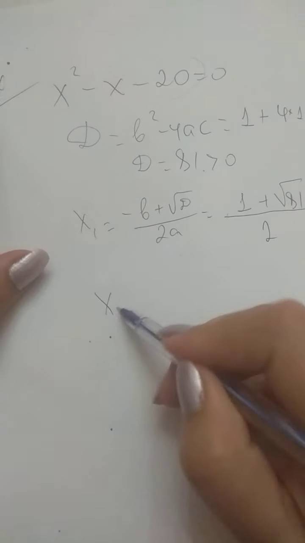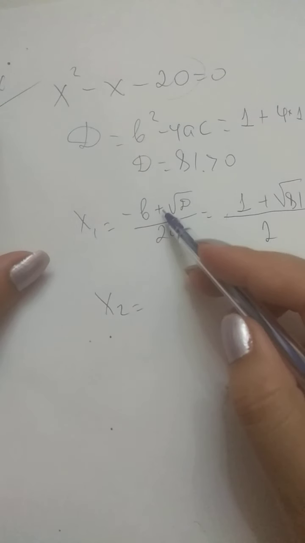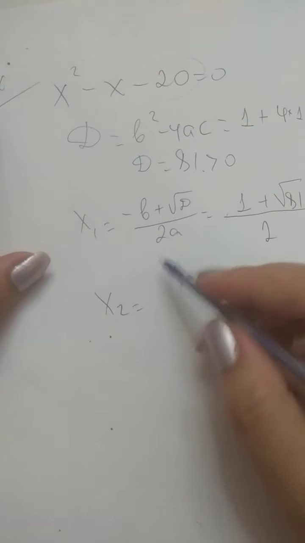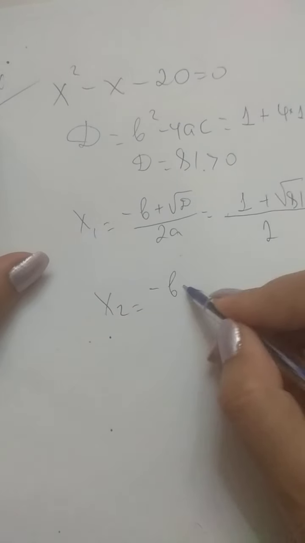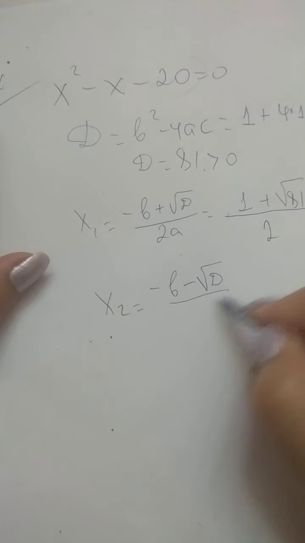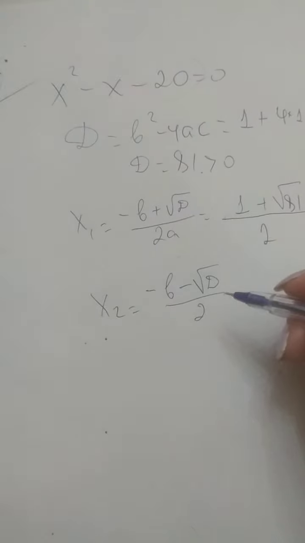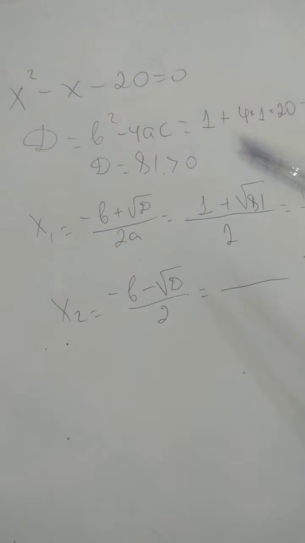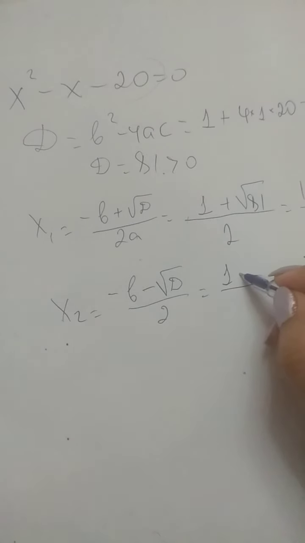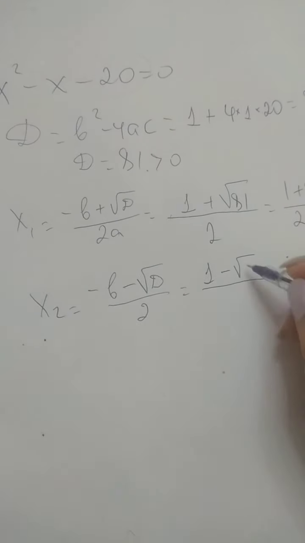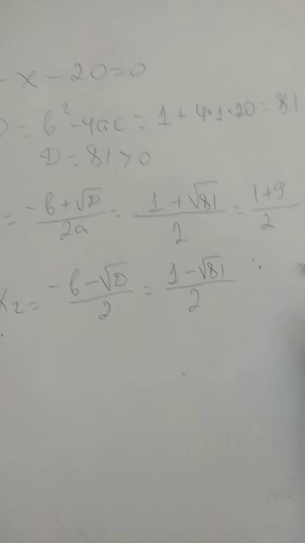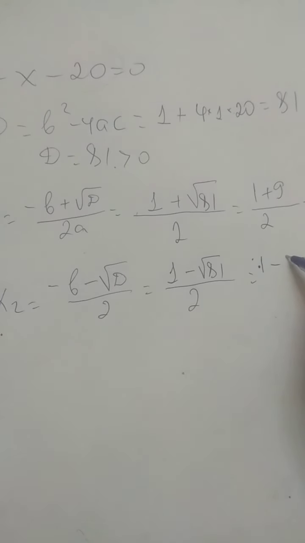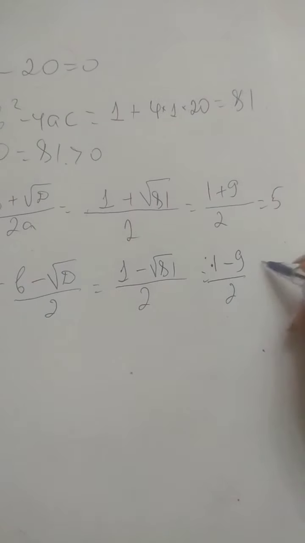And x2 is going to be the subtraction, negative b minus the square root of D divided by 2a. Negative b is again positive 1, minus the square root of 81 divided by 2. So it's going to be 1 minus 9 divided by 2, which is negative 8 divided by 2, which is negative 4.